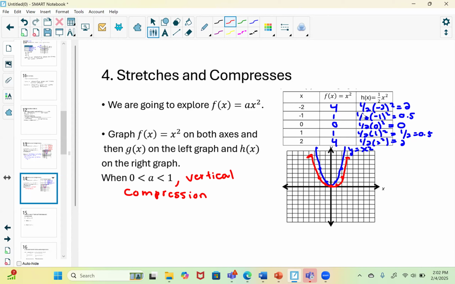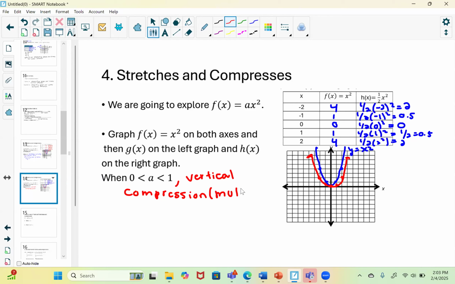And so again, we're taking 1/2 of each of those Y values. So what initially was 4, we take half of 4, so now it's at 2, but the X value stays the same. When it was at 1, we took half of 1, which was 1/2. And again, we're doing the same thing.